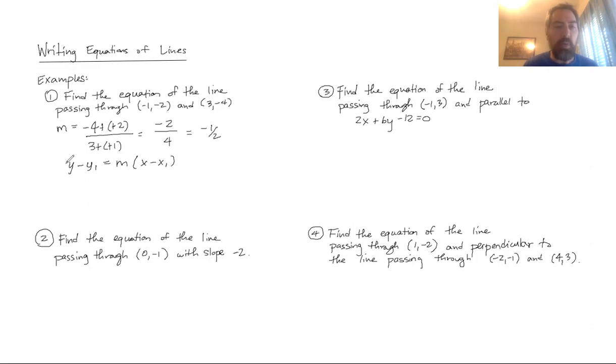The point slope form is y minus y1 equals m times x minus x1. I'm calling -1 the x1, the -2 the y1, and of course the m is -1/2.